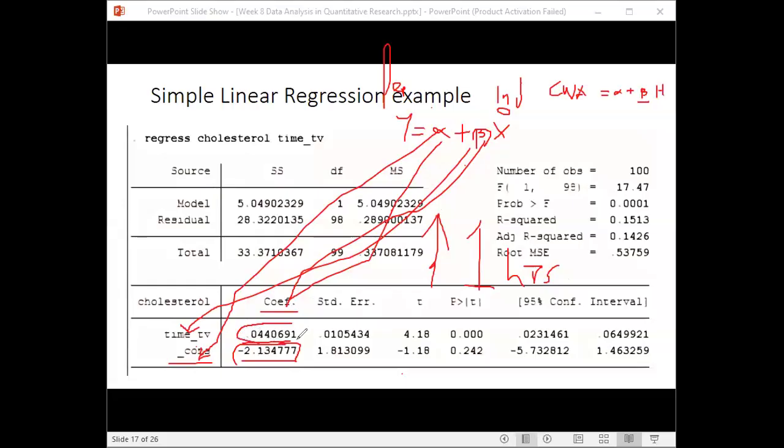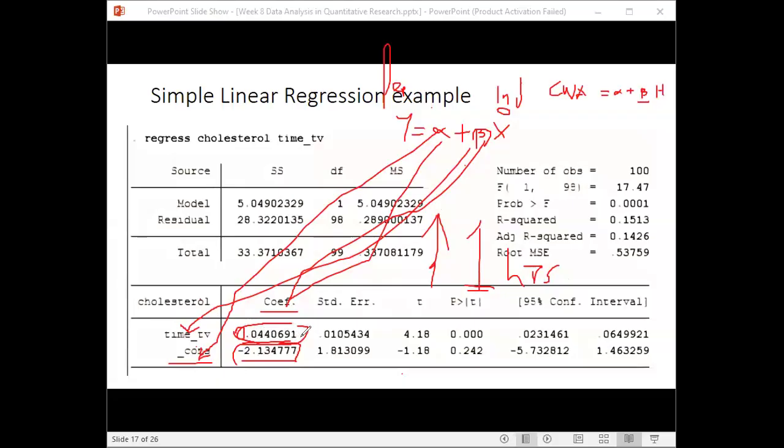It is positive, and it's 0.0440 something. So if your hours of study increases by 1 hour, it is going to increase your CWA by 0.044069 units.